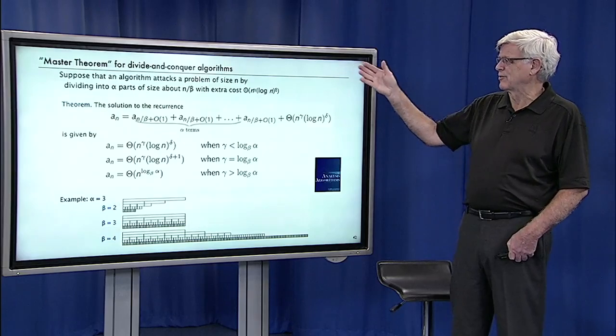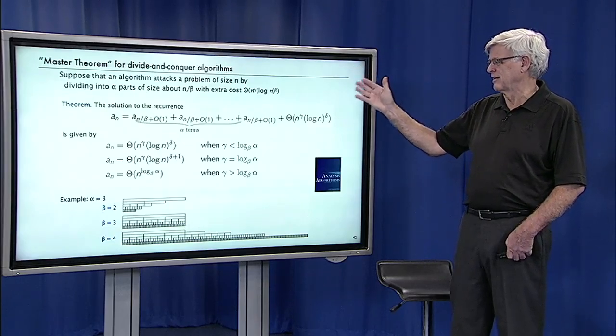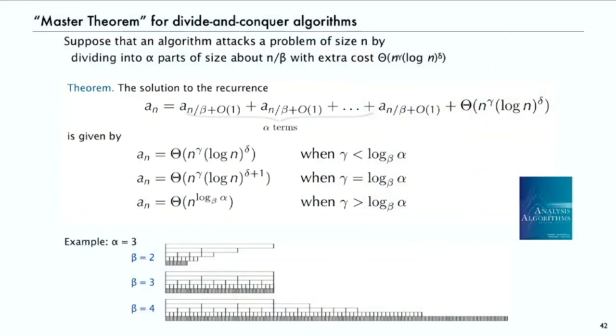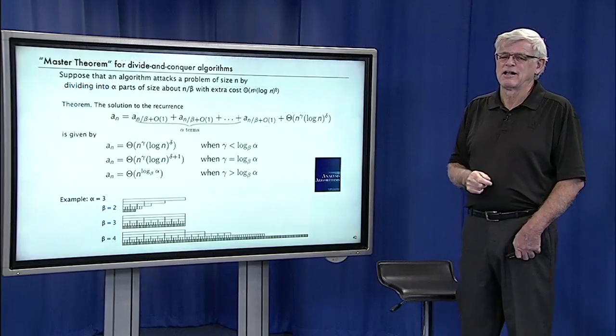And so what the master theorem says is, under the supposition that you have a problem of size n divided into alpha parts of size n over beta with extra cost n to the gamma log n to the delta, that's going to lead to a recurrence.